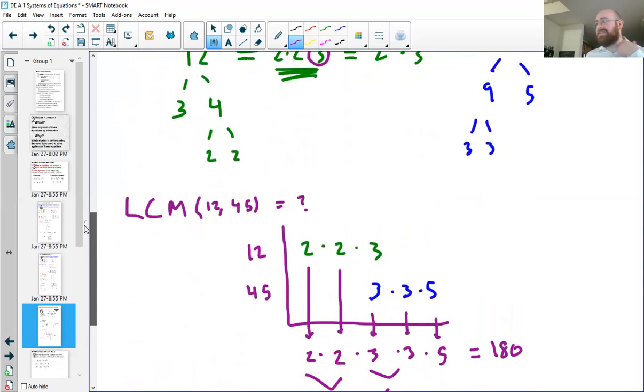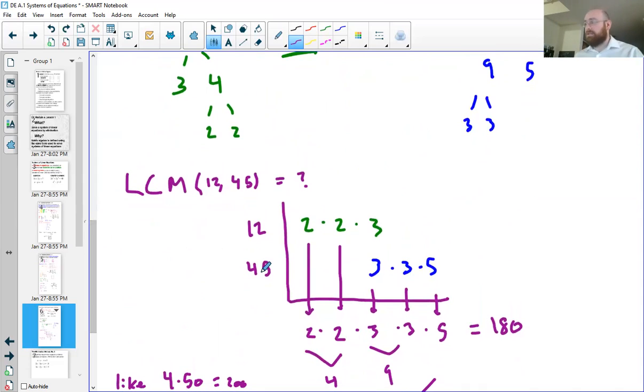In order to get 180, so let me pick a new color. There we go. In order to get 180, I need to multiply by the missing factors. So 45 needs to get multiplied by 2 times 2, and then it'll give us 180.